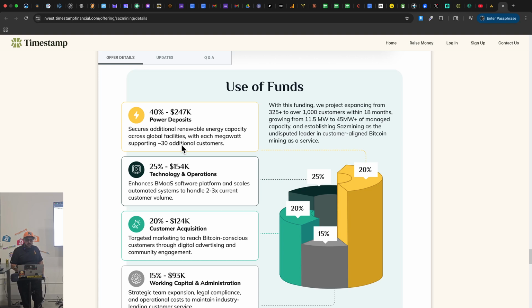Here you go. So the use of the funds that they're going to acquire: 40% of it will go to power deposits for new additional renewable energy contracts so that they can expand the capacity to host more miners.